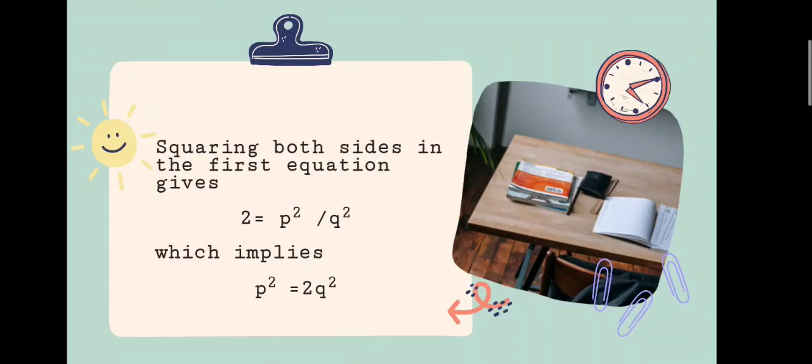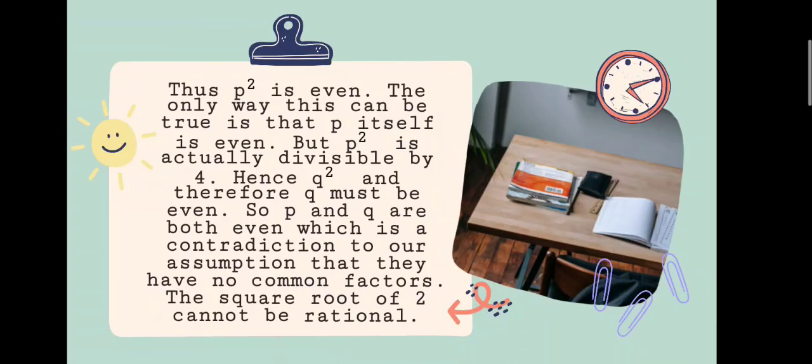So let's square both sides. Squaring both sides of the first equation gives 2 equals p to the power of 2 over q to the power of 2, which implies p to the power of 2 equals 2q to the power of 2. Thus, p to the power of 2 is even.